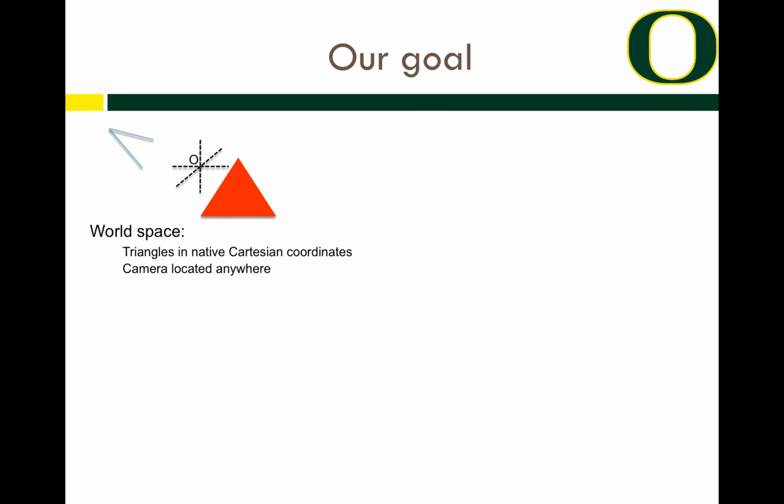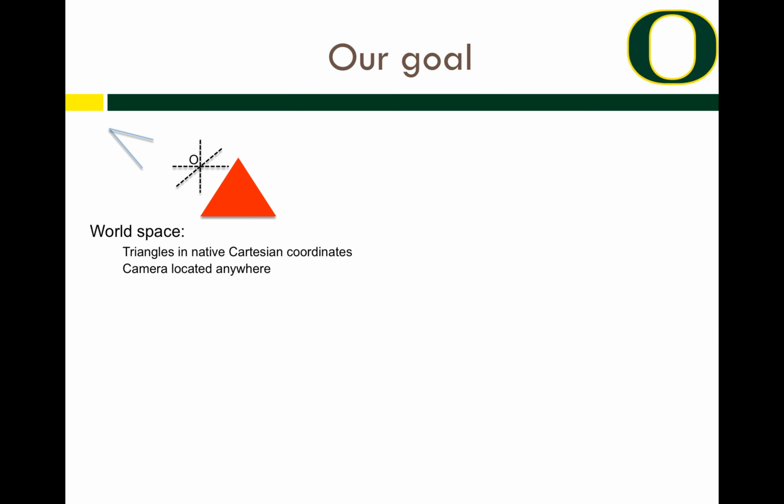Okay, so here's our goal. There are 5 different spaces, and I'm going to quickly describe them. What we want is to take triangles, which are in world space, and we talked about world space in Thursday's class, how we would specify a triangle with 3 coordinates. They'd be 3-dimensional coordinates. Recall on Thursday I used the back left of the classroom on the floor as an origin, and then we talked about how to describe the chalkboard in terms of the basis vectors in x, y, and z.